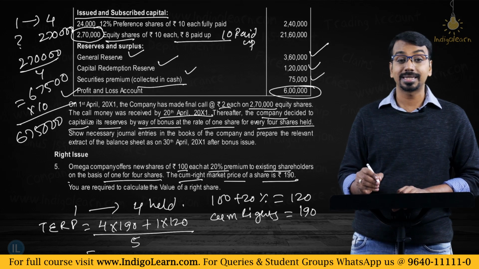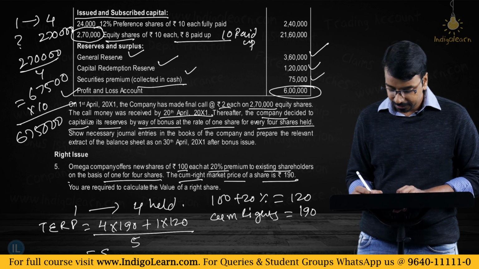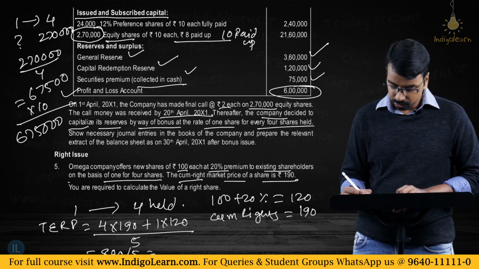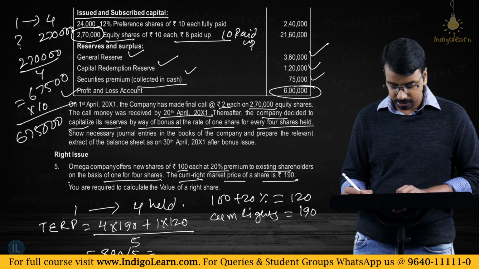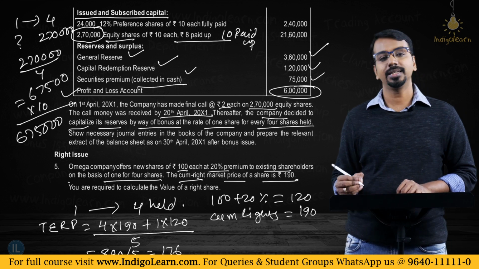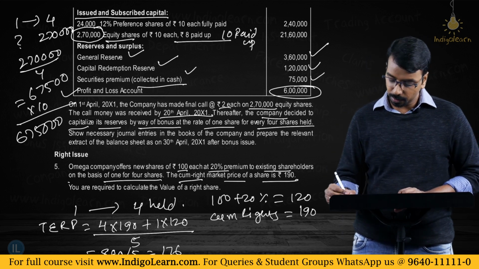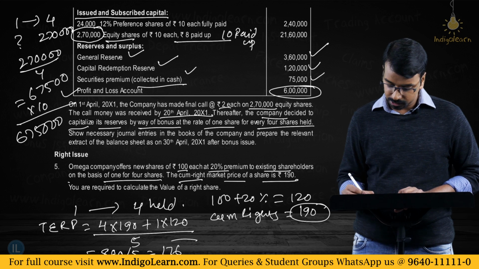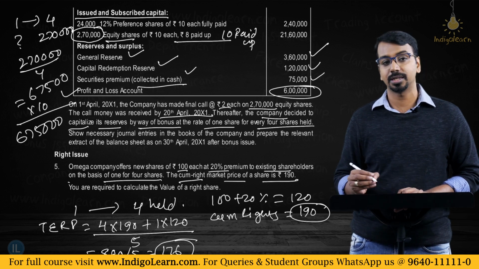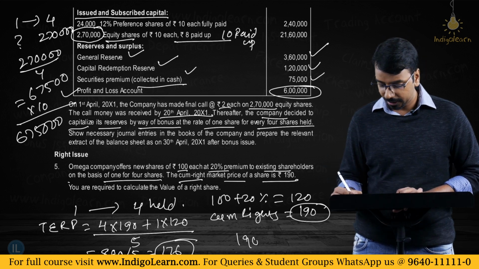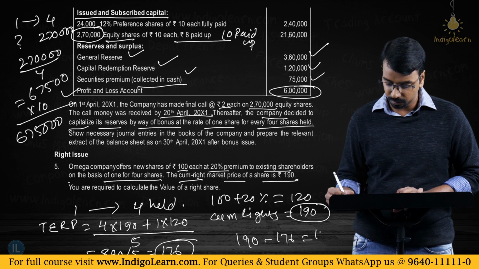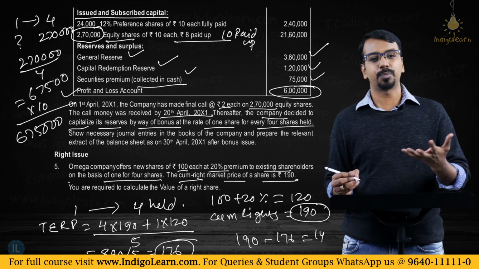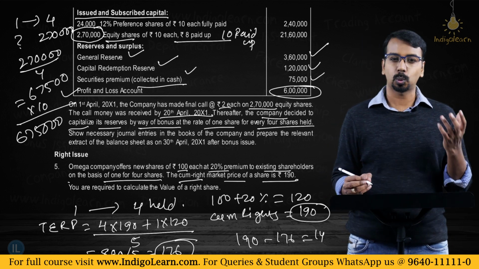This is nothing but 760 plus 120, 880 divided by 5, which is 176. Now what is the cum rights price? 190. What is the theoretical ex-right price? 176. What is the value of a right? 190 minus 176. The value of a right is 14. This is a possible 4-mark type of question.